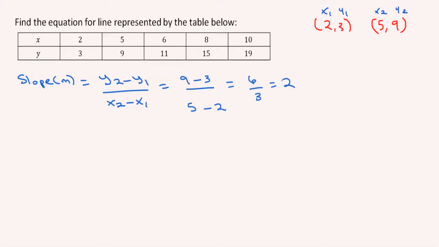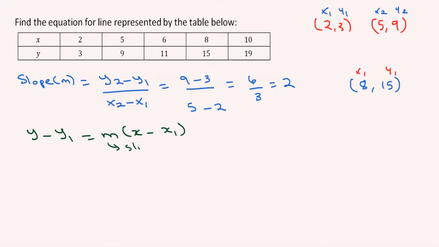And now, just for the sake of variety, I'm going to pick a different point. Let's pick one that is maybe 8, 15. 8, 15 is going to be our point. And I'm going to label the points: x1, y1. Next, we have our formula, y minus y1 equals m times x minus x1. Don't forget, this is your slope right here.